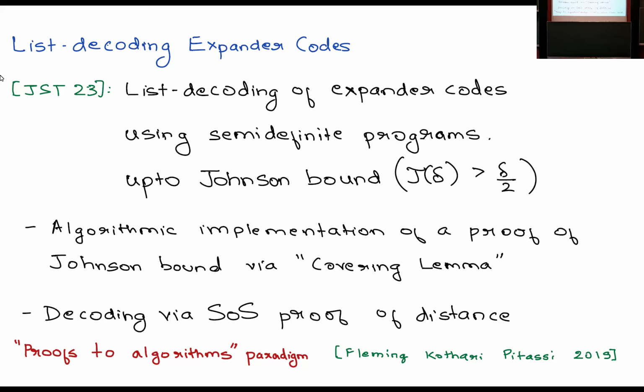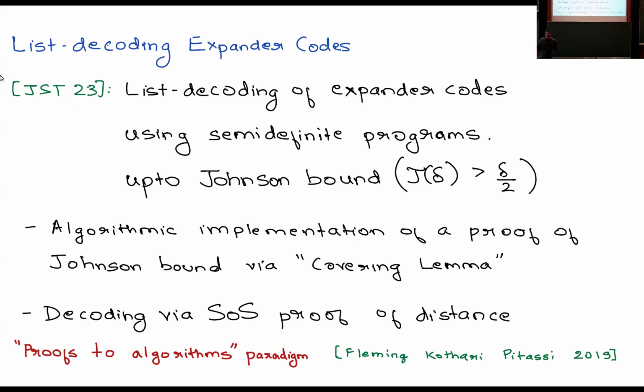We can look at the certificate of distance of these codes and implement it in a proof system which can correspond to algorithms, in particular the sum of squares proof system. This is a specific application of a broader paradigm of proofs to algorithms, which has been used quite a lot in statistical problems, and there is a nice survey by Noah, Pravesh, and Tony. This is one application of this to the setting of codes.